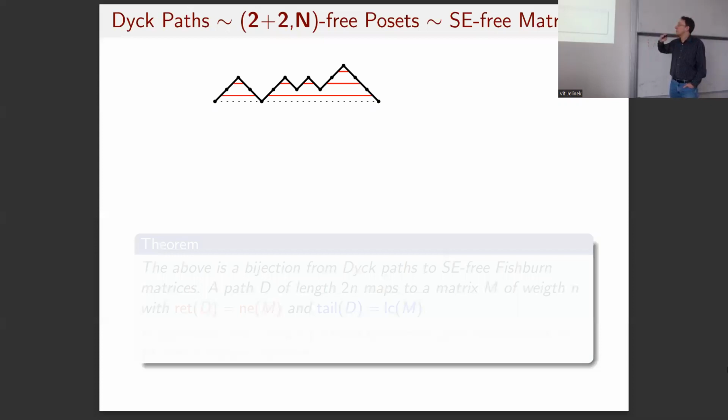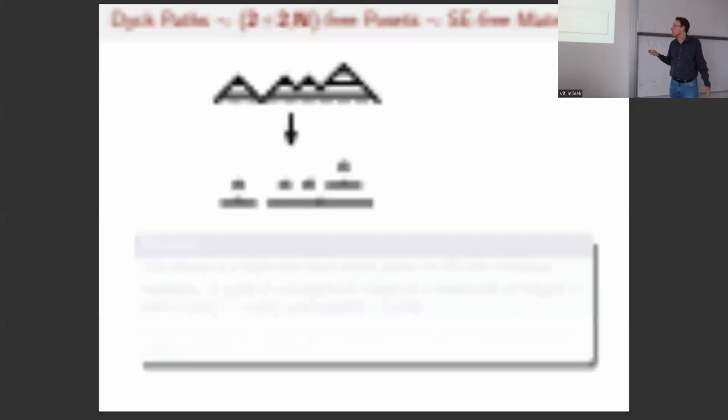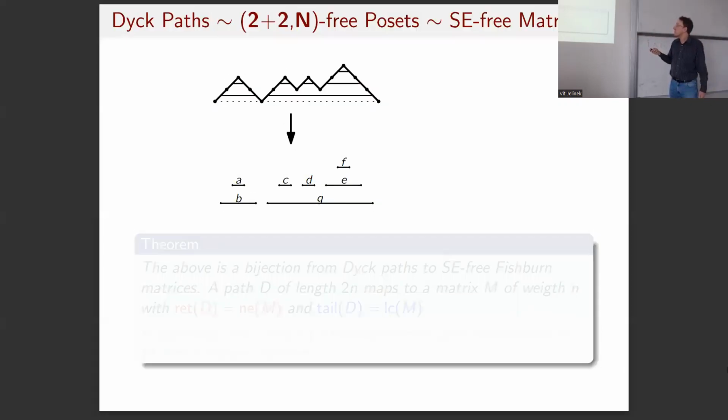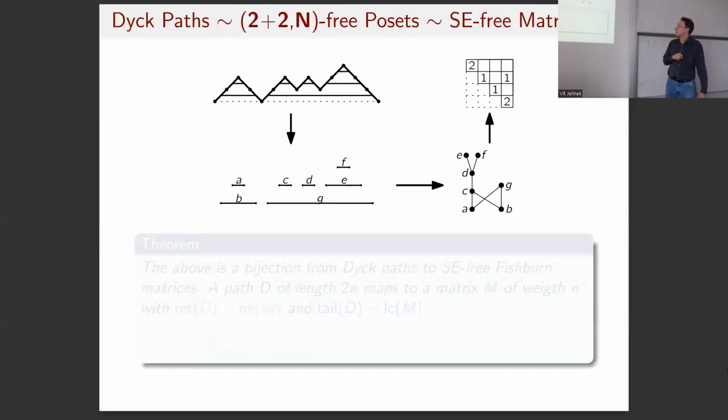And now I can take those tunnels and project them to the horizontal axis, and that gives me a family of intervals, like so. So from a Dyck path of order n, I have a collection of n intervals. And from a collection of n intervals, I can build an interval order, and from an interval order, I can build the corresponding matrix. And it turns out that this is a bijection all the way through.